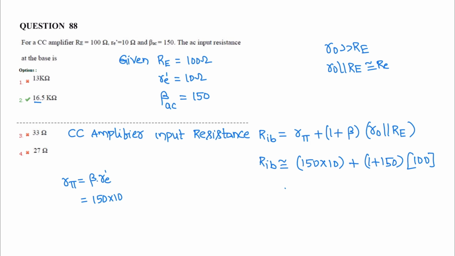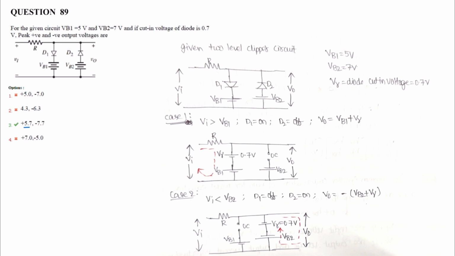So this is 1500 plus 151 into 100. So this RIB is 16600, that is 16.6 kilo ohms. Correct option is 2. Next, question number 89.